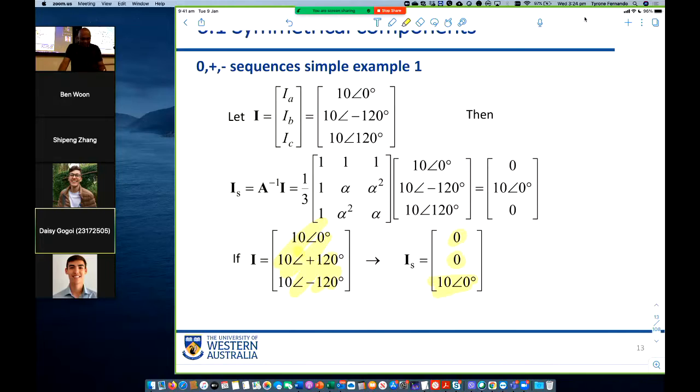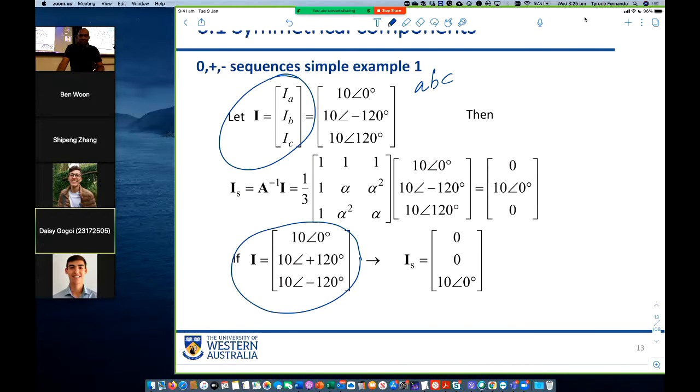For the phase currents, we can choose unbalanced currents, but we chose balanced currents. In the first example, the balanced currents have phase sequence ABC. Here the phase currents are balanced, but the phase sequence is not ABC, it's reversed.